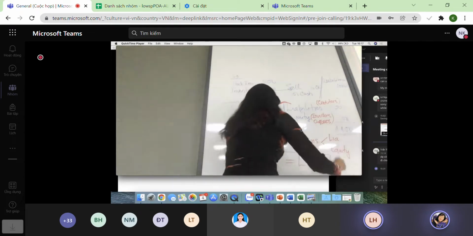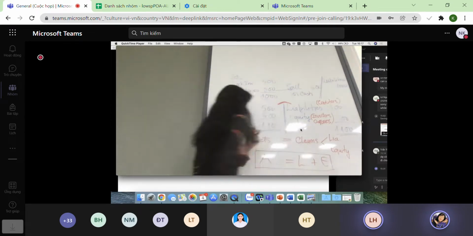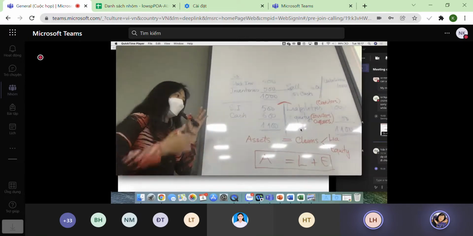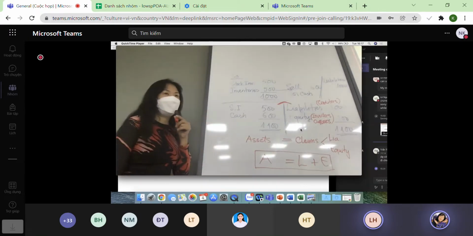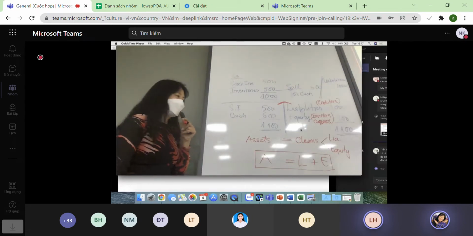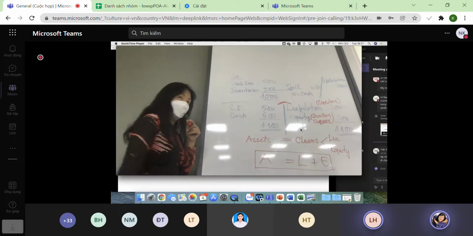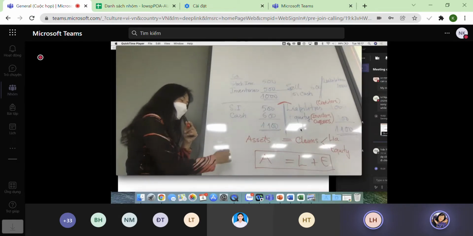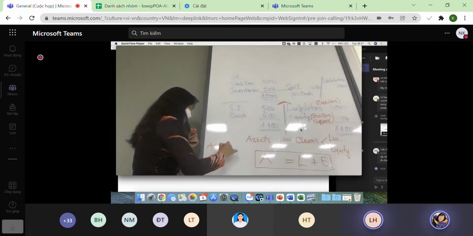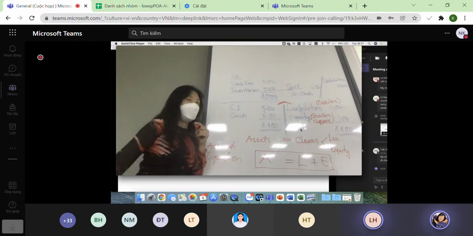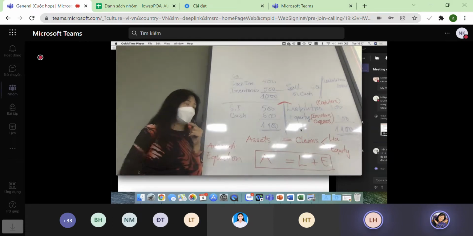With three components here, it can show us the financial position of the company. We can know about it by this equation. And they call this equation the accounting equation, with three elements or three components.